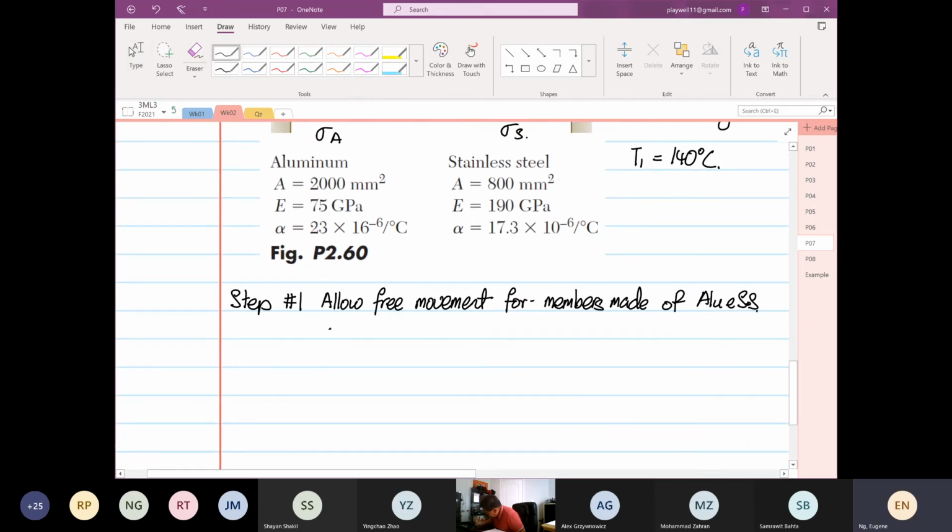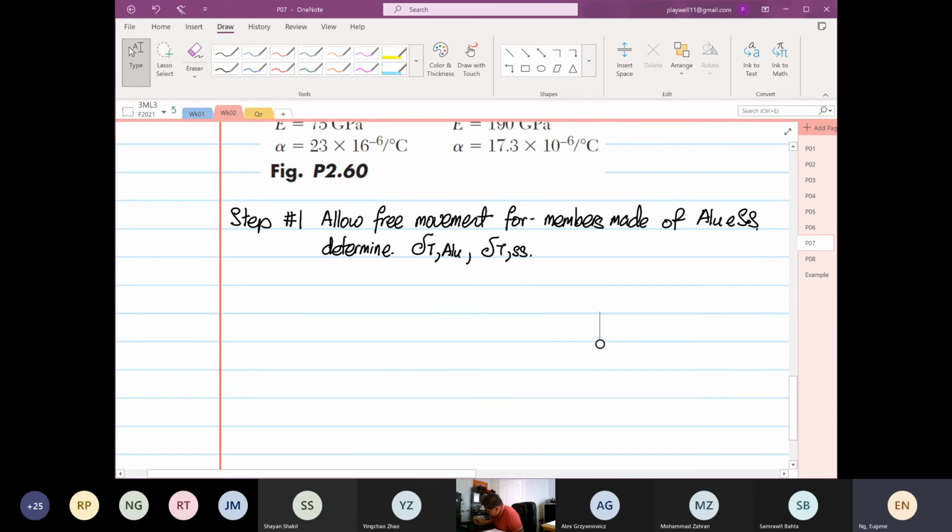Determine deflection due to temperature of aluminum and deflection due to temperature of stainless steel. So what we do is we are going to consider the aluminum.